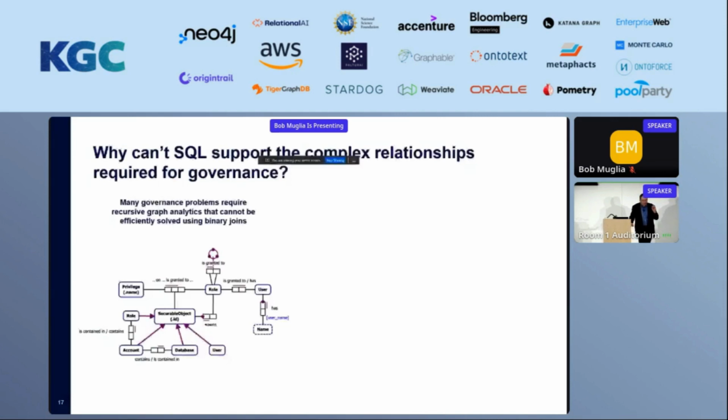The relational algorithms that sit foundationally behind today's SQL databases cannot support the complex joins and relationships required in the graph-oriented problems that governance needs. And this is a data model I showed. It's a simplified data model of SQL role-based authorization.